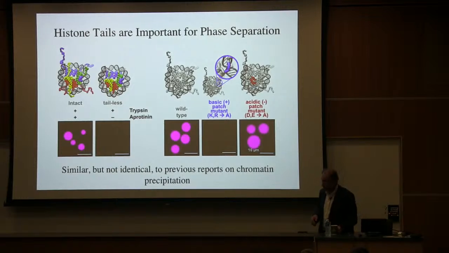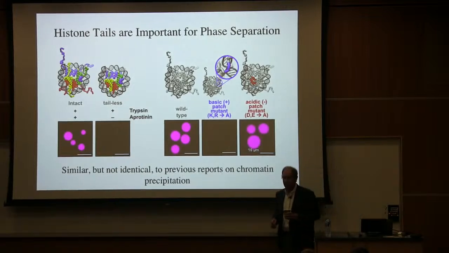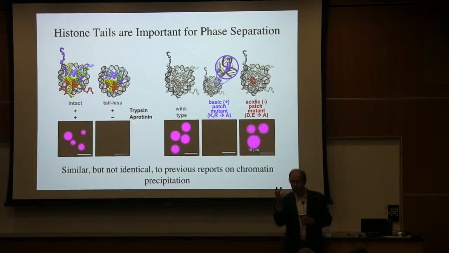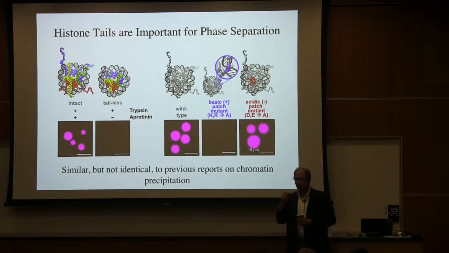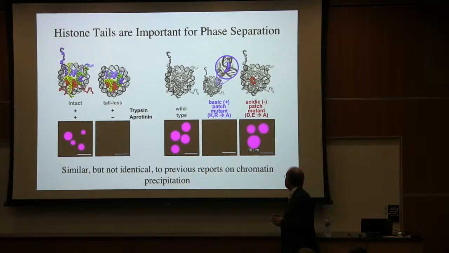We've looked a little bit at the chemical determinants of this phase separation process. What we see is, if we chop off the tails, the image on the left here, with proteases, the nucleosomes, we know, remain intact in this experiment. I'm not showing it, but they're intact. But we completely lose the ability for these things to assemble and phase separate.